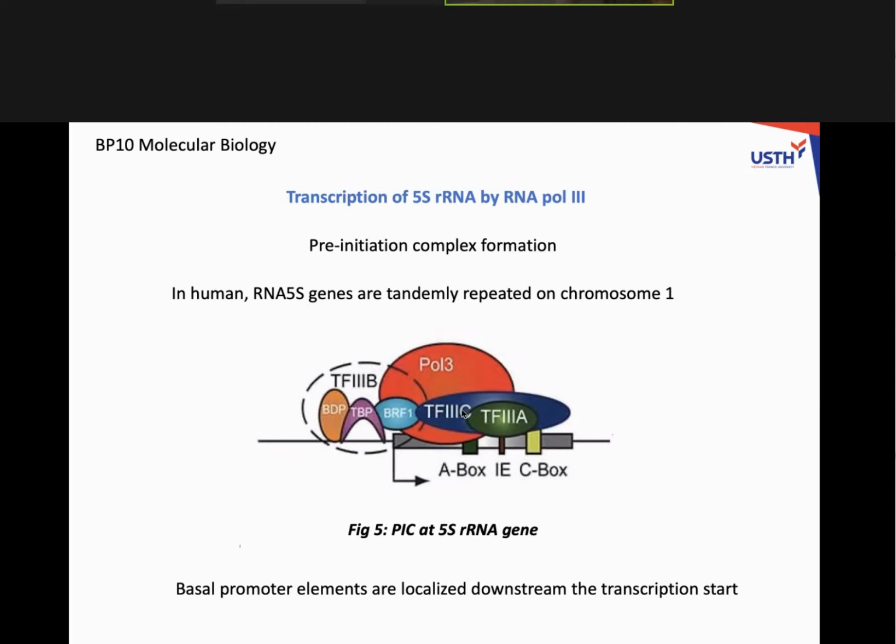First, you have TF3C and TF3A recognizing the promoter. From this interaction, all the other proteins of the complex get assembled, so Pol3 plus the other factors. And once this mega complex is present, the transcription starts at this place. Oh, okay.